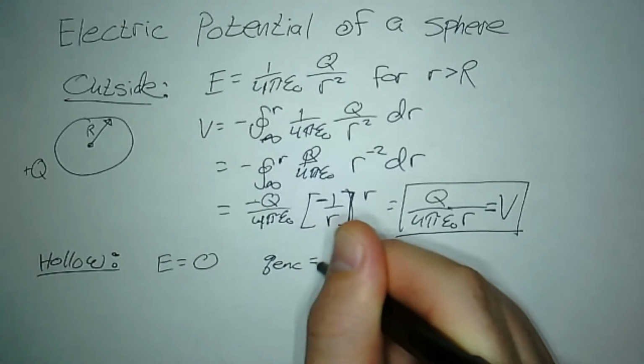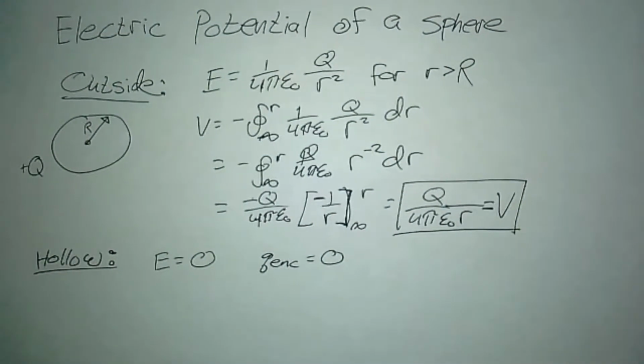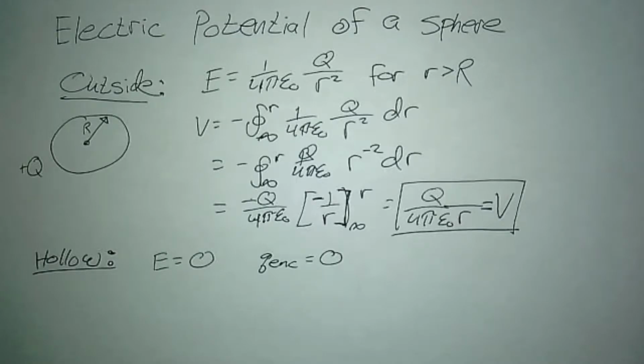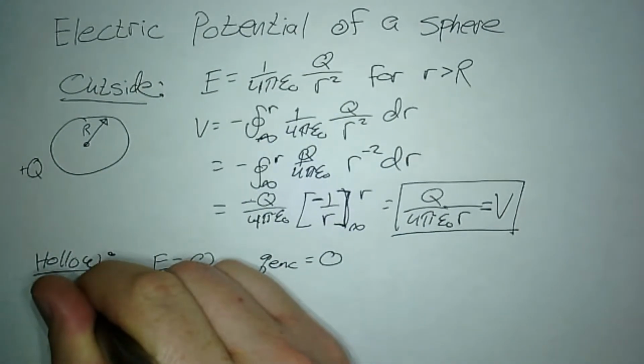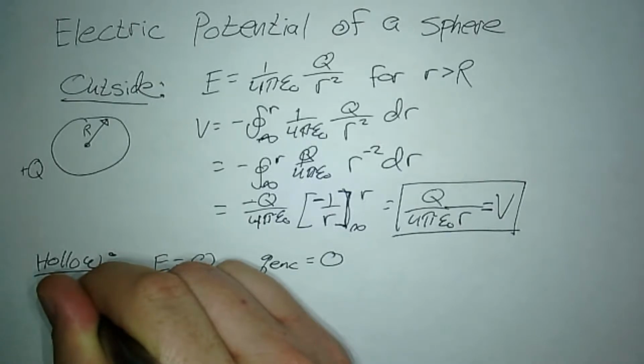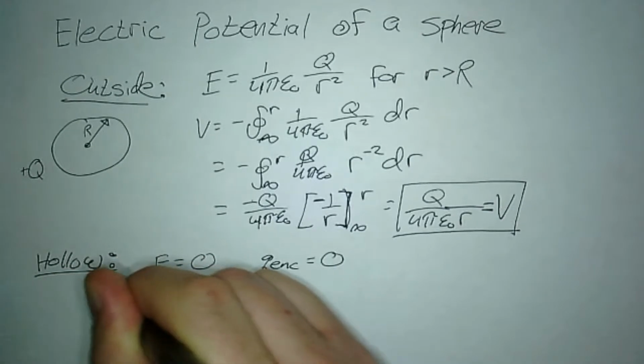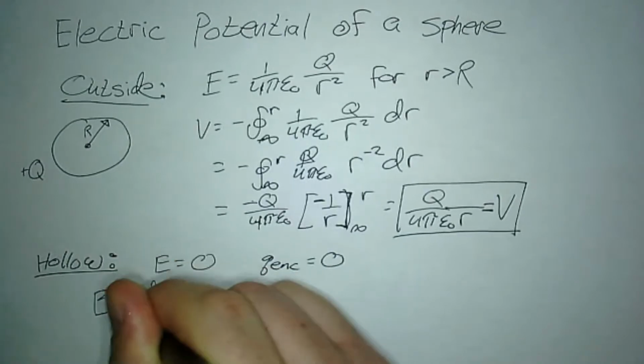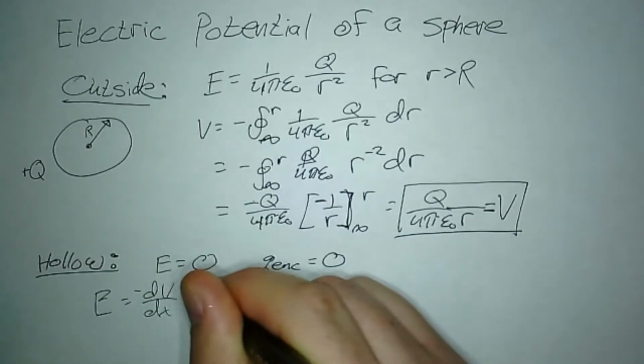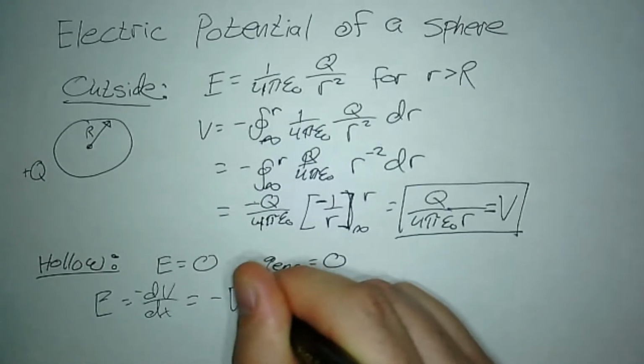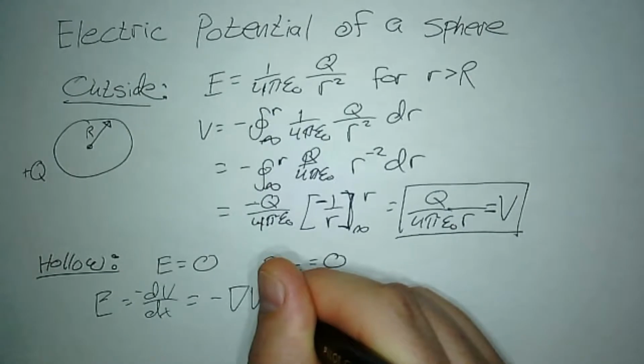If I want to make my Gaussian surface inside, I know that the charge enclosed is 0, so there can't be any electric field. And since I also know that E equals minus dV dx, or once again, if you want to be real pro, minus grad V, the gradient of V.